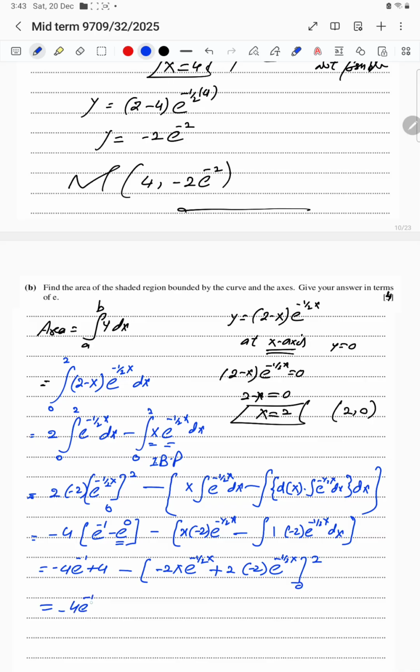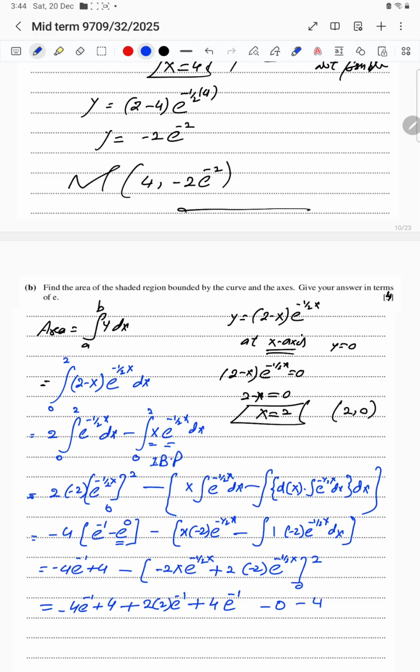We will see minus 4 e raised to minus 1 plus 4, and yes, it will be minus 1 plus 2 times 2, 4 e raised to power minus 1. Okay, it will be 4 e raised to power minus 1, and now applying the lower limits, minuses, which will be minus 0 and minus 4.